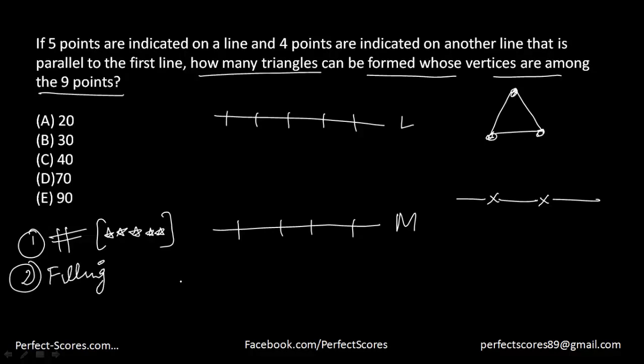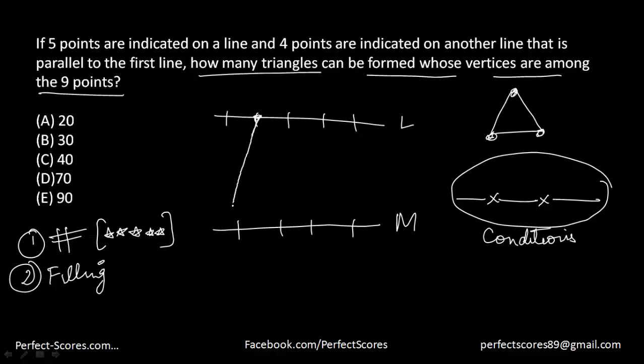This is actually a little different question from here. Now there's a reason why I put this question. Over here, filling the slots would actually mean conditions. So if you saw in the first video, the conditions are colliding here. How many ways can I make a triangle? If I select 1 point from here and 2 points from here, and the next way would be if I select 1 point from here and 2 points from here.